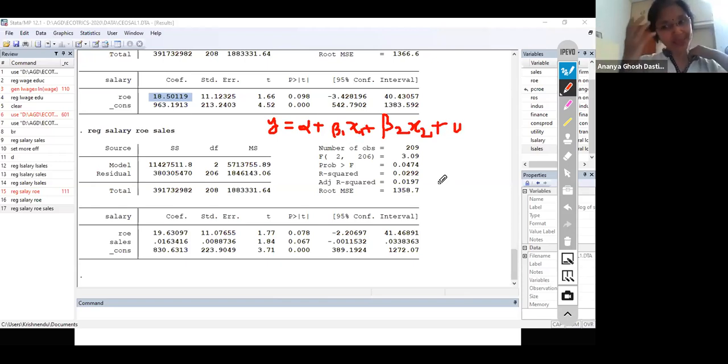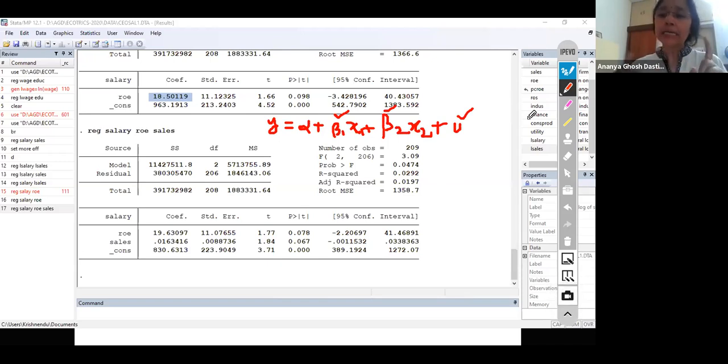So I can't draw a picture and all that, but the linearity means that the model is still linear in parameters. The error term has the same interpretation. It is an unobservable random variable. We assume that the errors are homoscedastic, that they are independent, and so on.